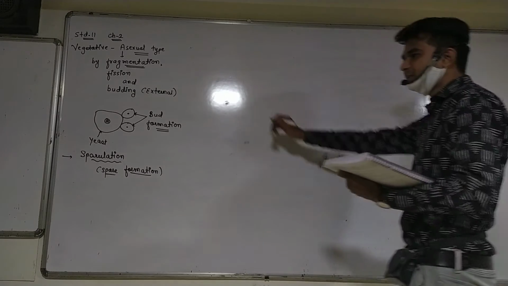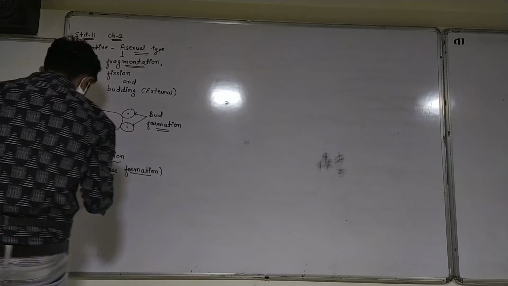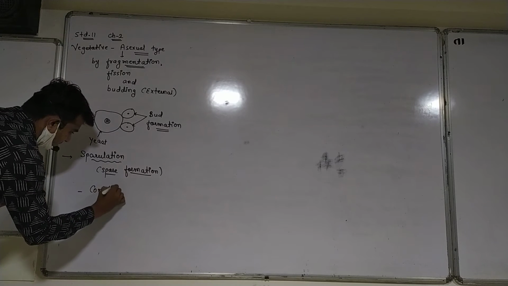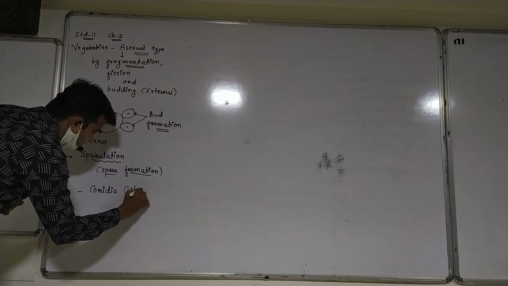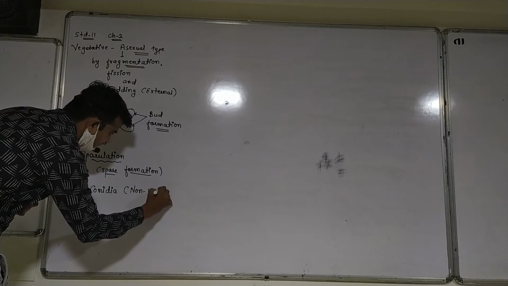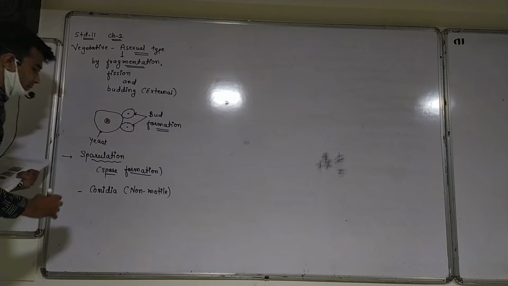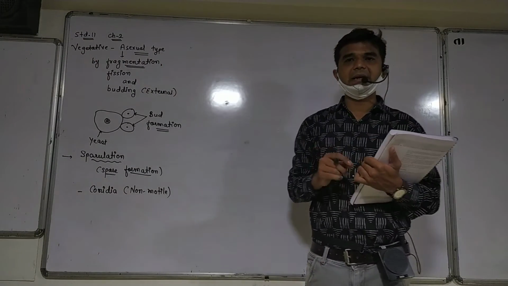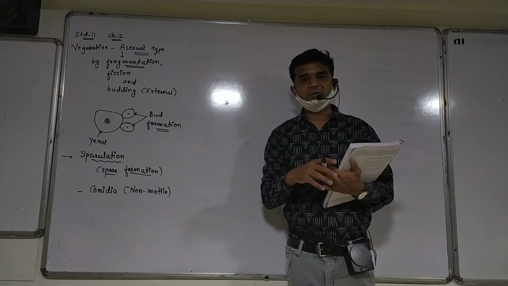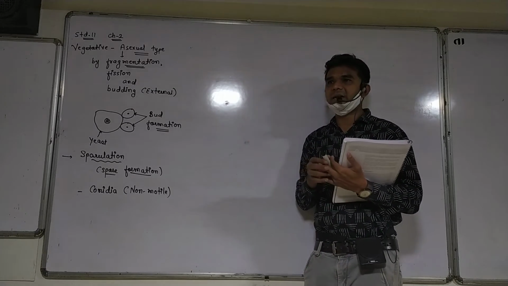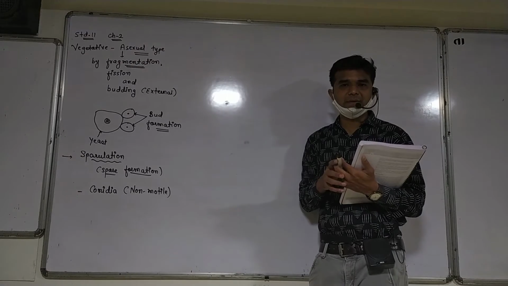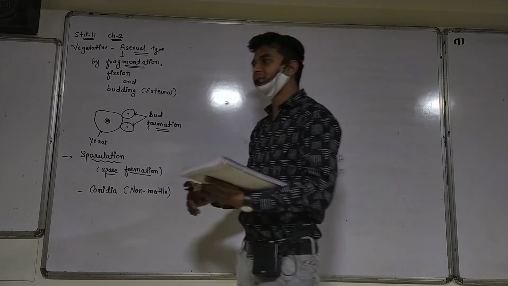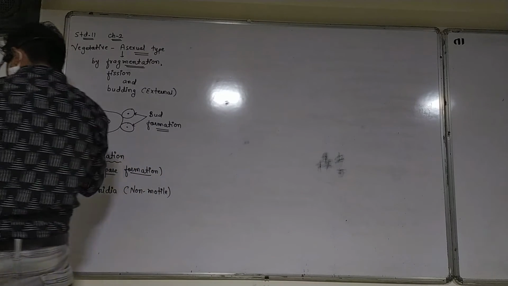Here there are different types of spores. Conidia, also known as non-motile spores. Generally, if the spores have flagella or cilia-like structures, they are known as motile spores. But conidia has no cilia or flagella-like structure.